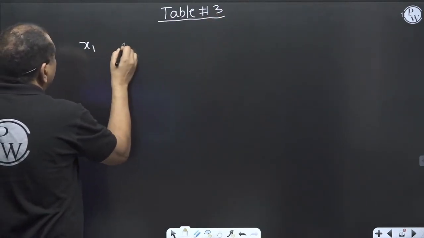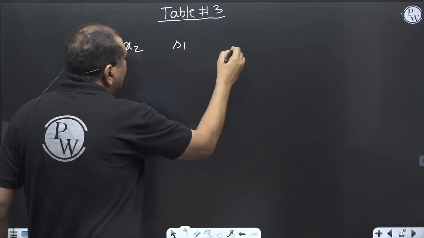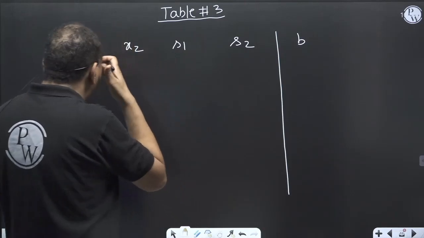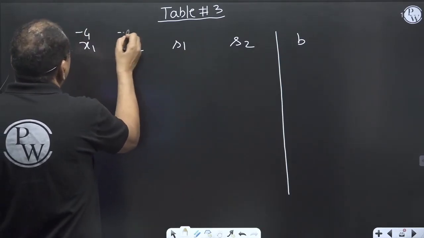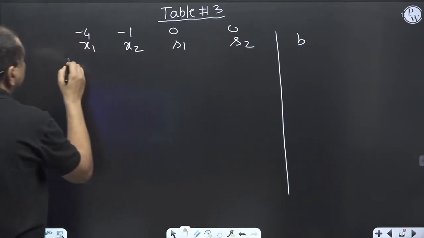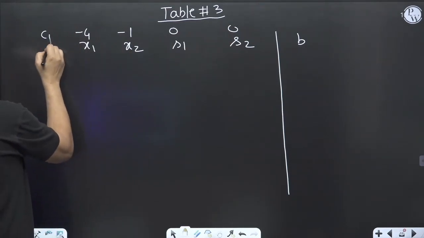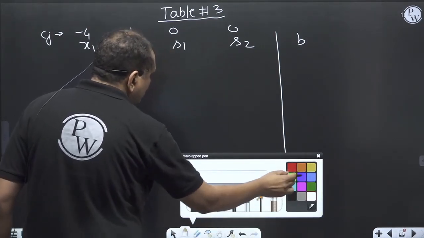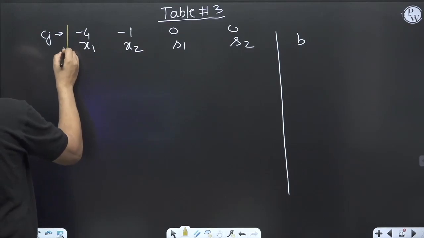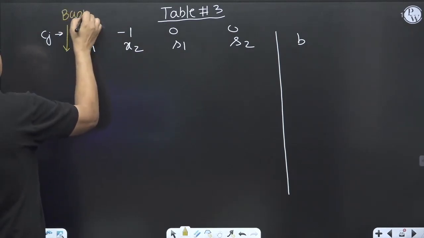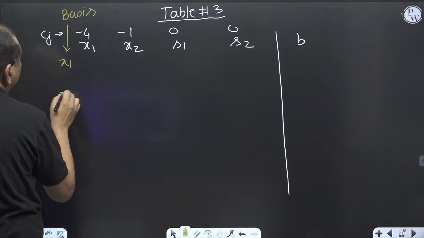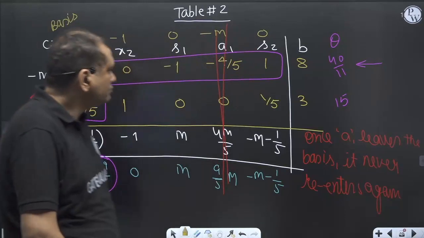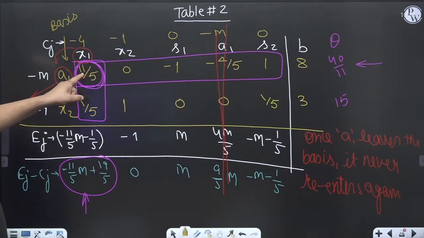So x1, x2, s1, s2, and then b. I have not written the artificial variable. So -4, -1, 0, 0. This is Cj. And now here will be the basis, x1, x2. I have to make this pivotal value equal to 1.